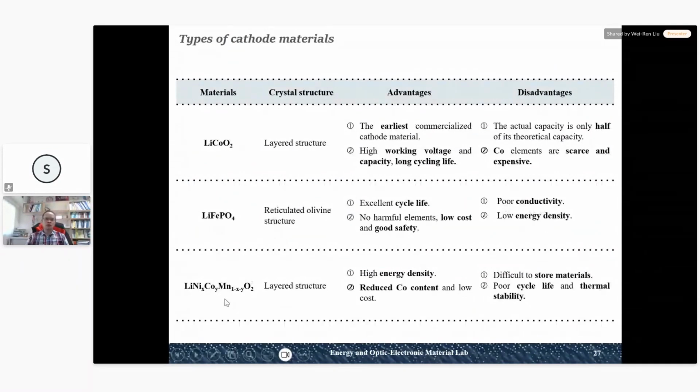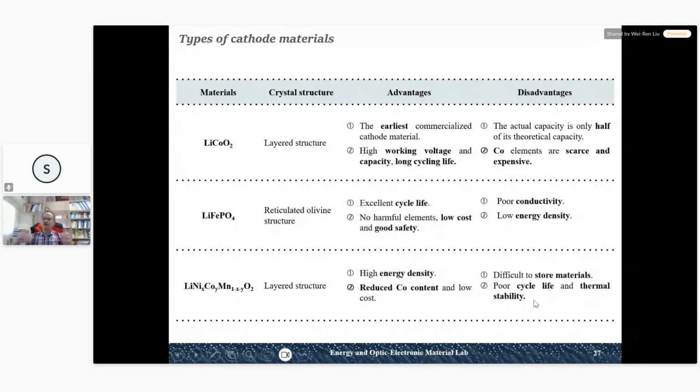So right now, they try to use NCM, increasing the nickel content to obtain high energy density and reducing the cobalt to get low cost. However, for the NCM cathode, it's difficult to store the material because lithium carbonate will adsorb on the surface and affect the capacity. Also, NCM811 has poor cycle life and a thermal stability issue.